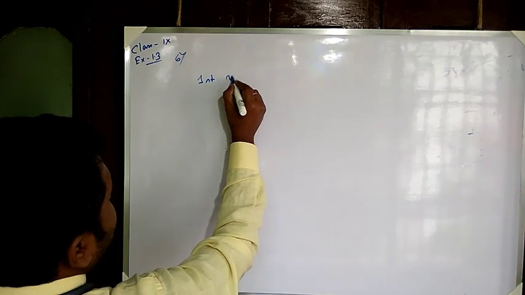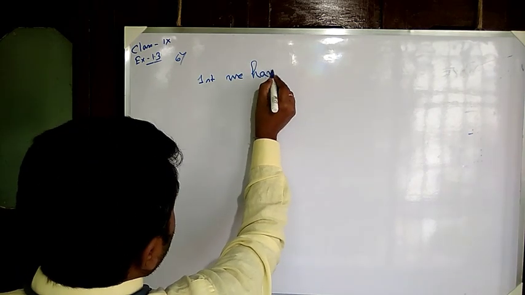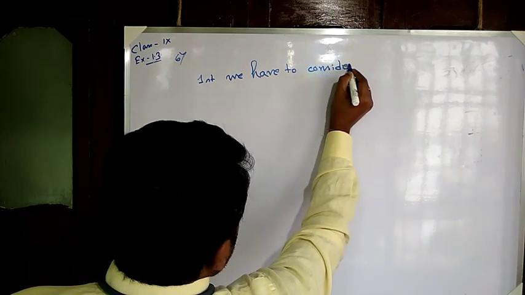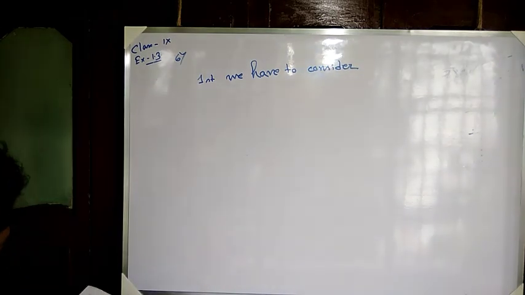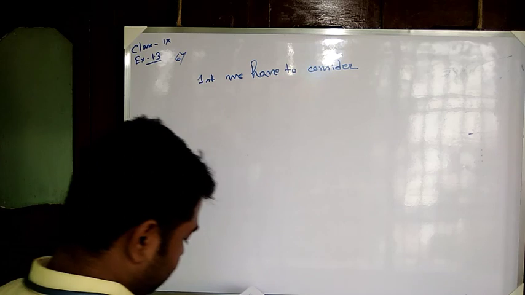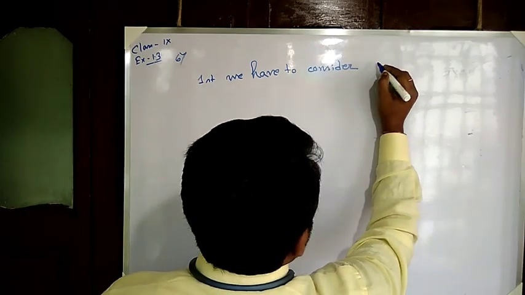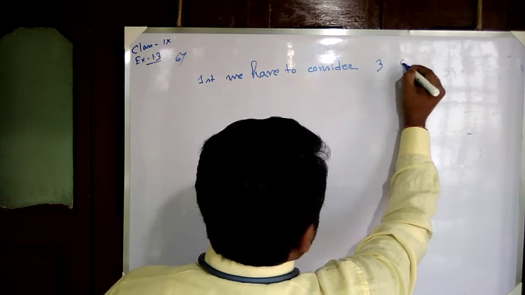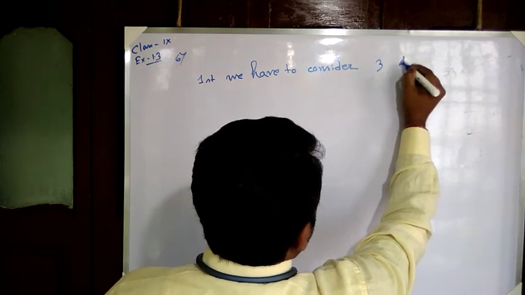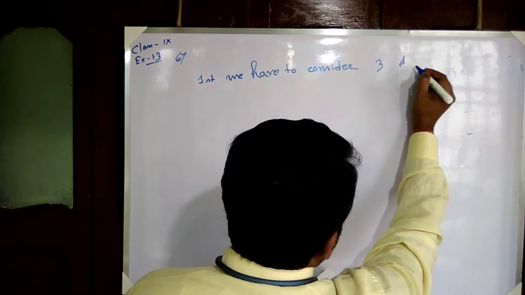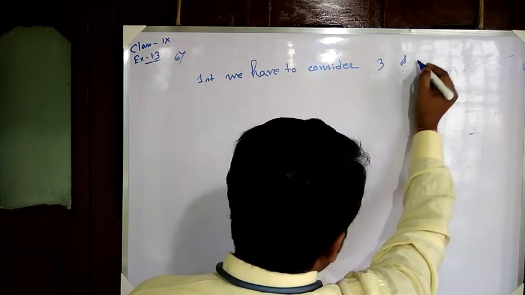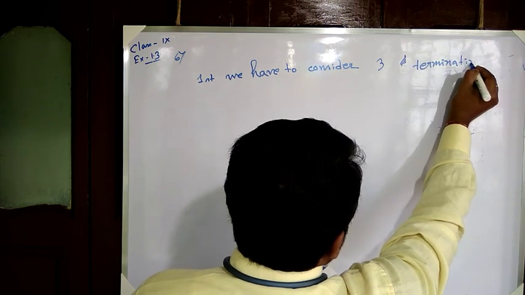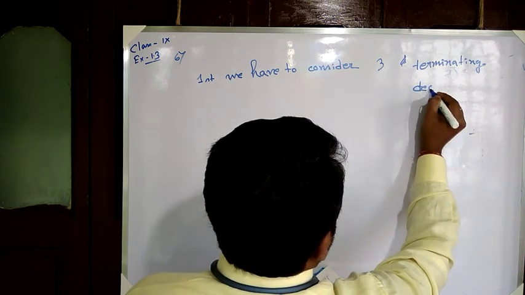First we have to consider three terminating decimal numbers.